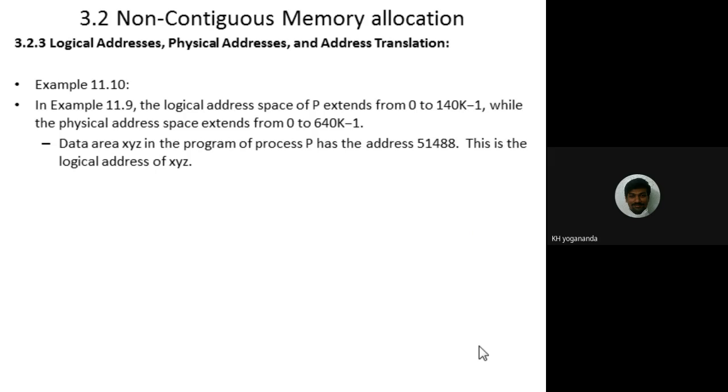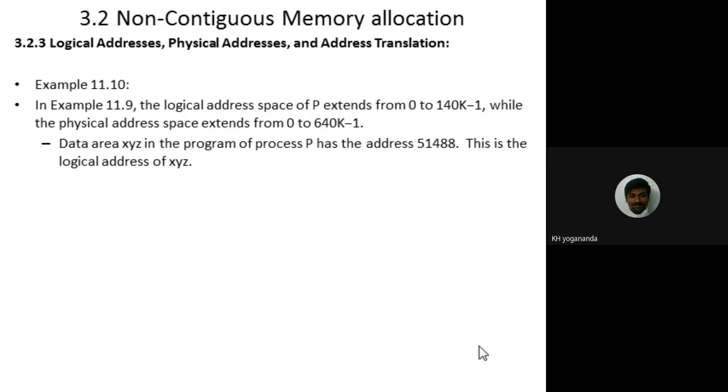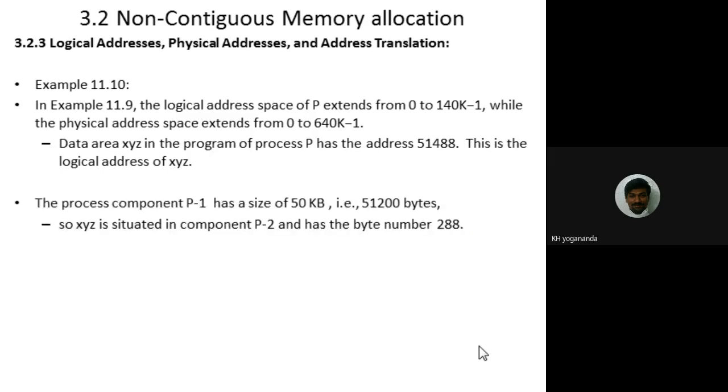The data area XYZ, which you might have observed in the figure in the previous slide, has the address 51488, called the logical address of XYZ. The process component P1's size is 50 KB. So if we subtract 50 KB from 51488, we obtain 51200 bytes.